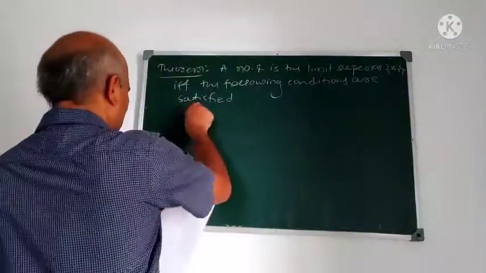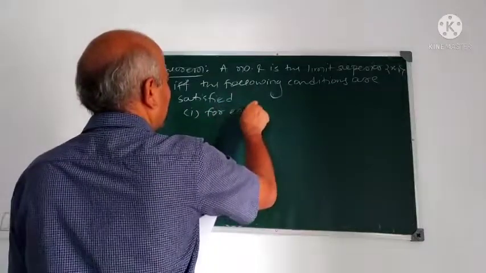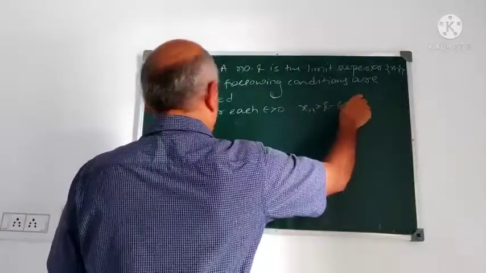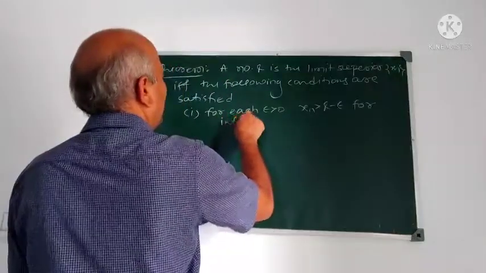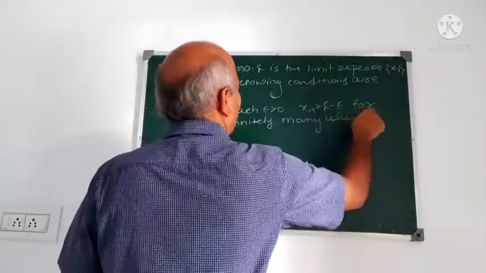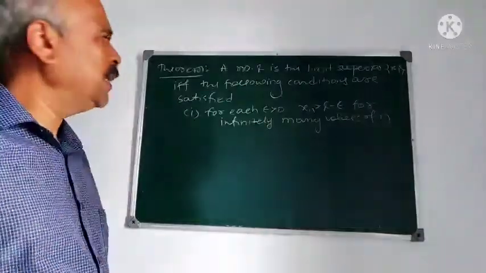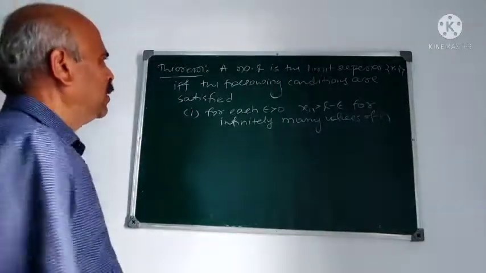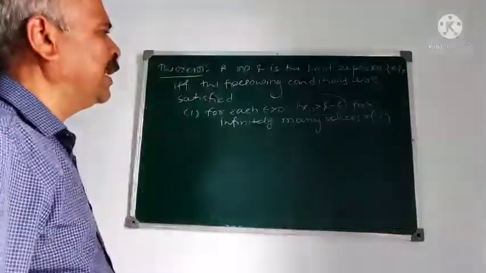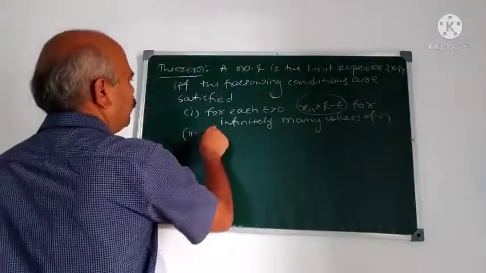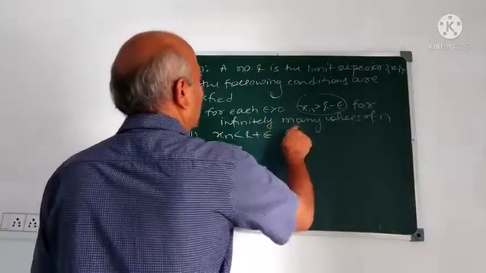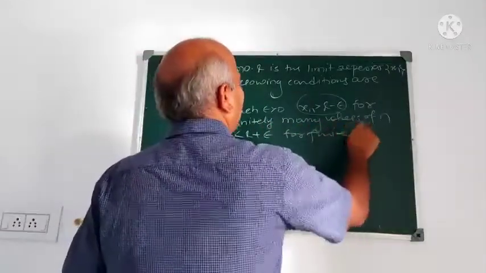First condition, for each epsilon greater than 0, Xn is greater than L minus epsilon for infinitely many values of n, and at the same time Xn is less than L plus epsilon for finitely many values of n.